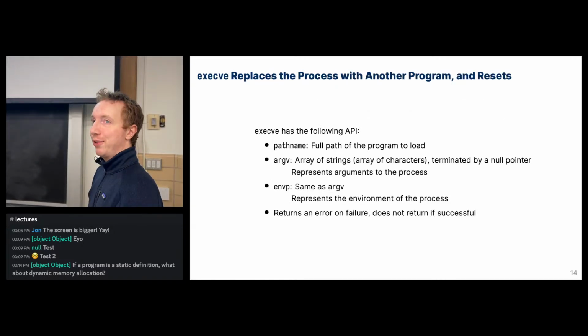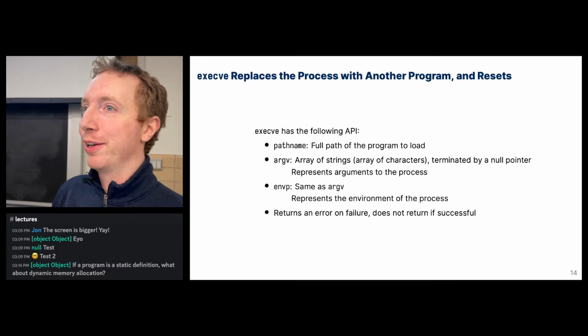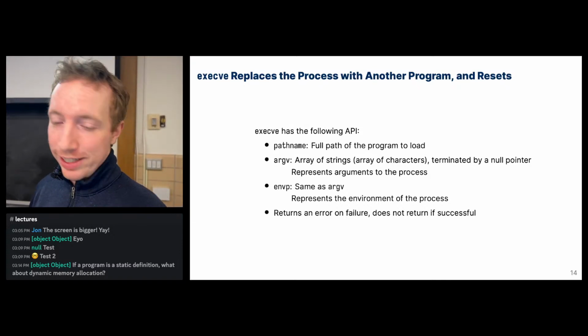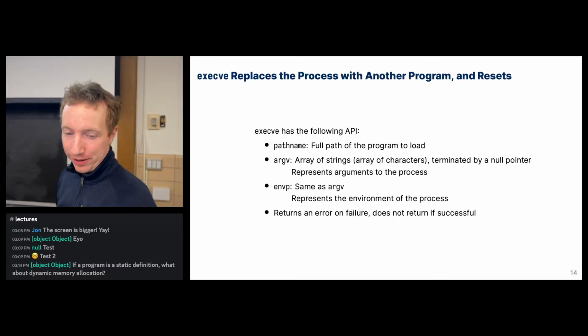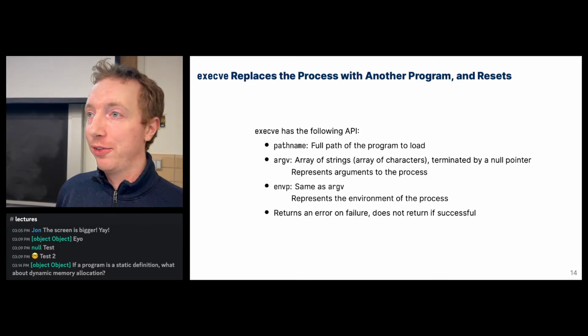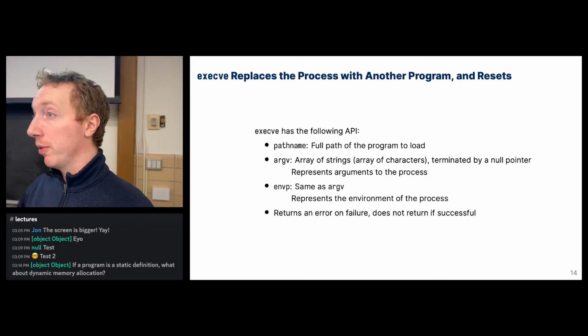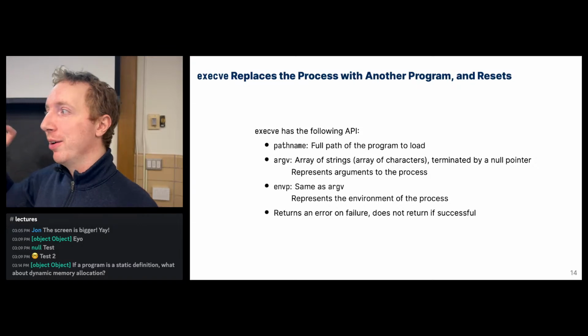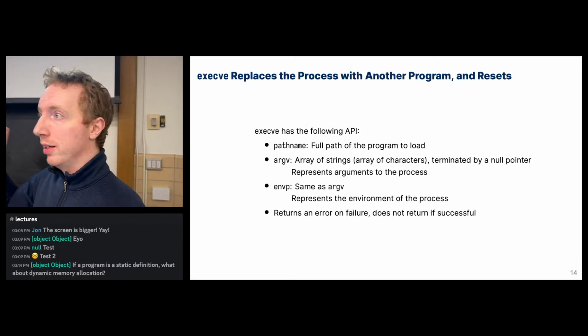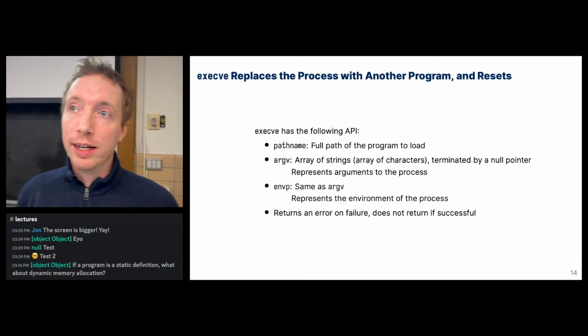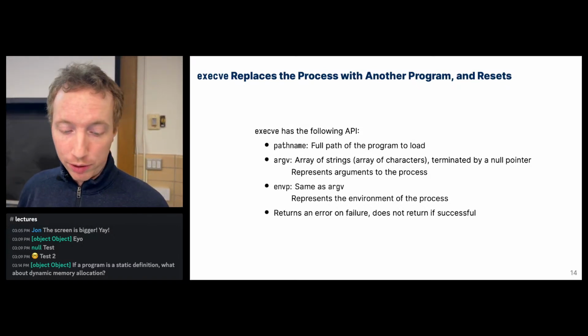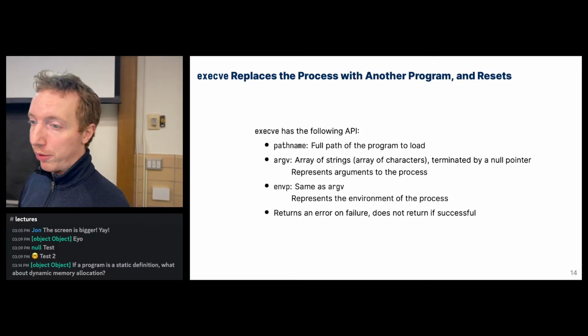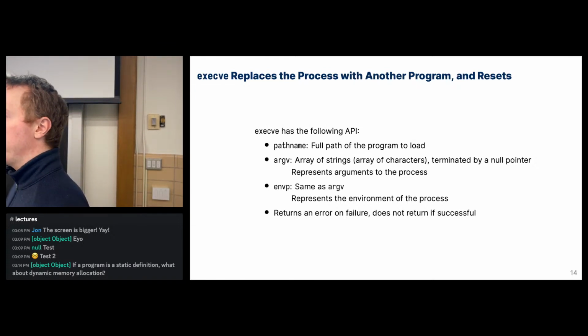All right, the next one is going to be a bit more mind-hurty. It's called execve, and this is actually how you load another program. That was the first line we saw with our hello world that we didn't call. What it does is replace the current running process with another program and then start executing that.